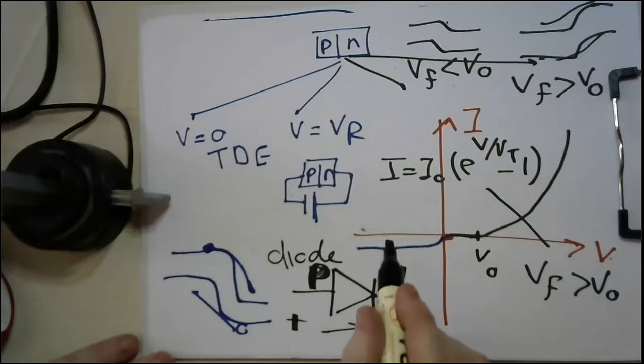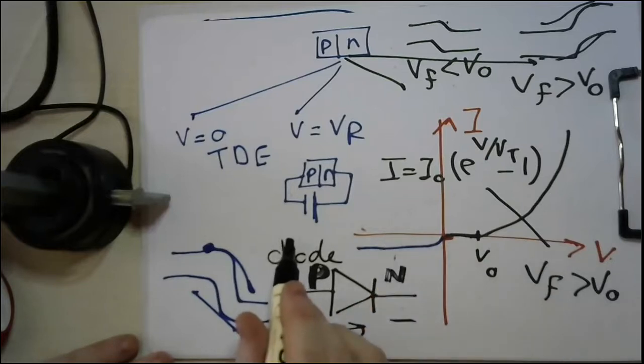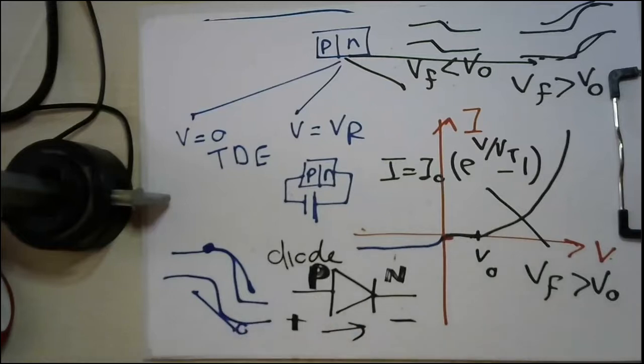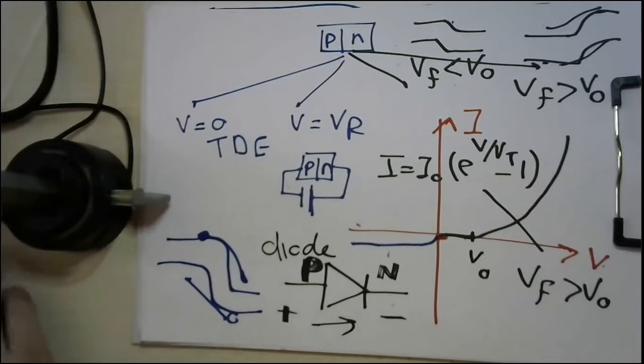If the voltage here is negative and the voltage here is positive, which is the reverse bias, the current will not move. Very little, nearly 0 current will move. So it's a one-directional valve, let me say, which is the PN junction, our first important device. So let me now turn back to the slides.